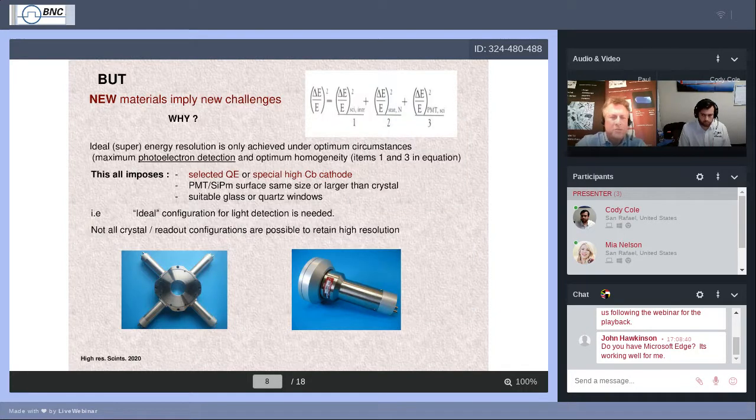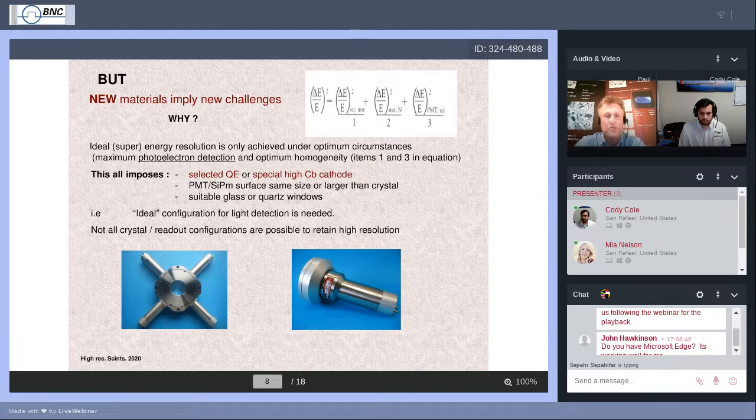But it means also that new materials imply new challenges. Because the ideal energy resolution that you read in literature is only achieved under ideal circumstances, when the maximum number of photoelectrons is measured and the optimum homogeneity is actually achieved. And this means that you have to select the quantum efficiency of your light detector or photomultiplier tube with a special high quantum efficiency cathode.